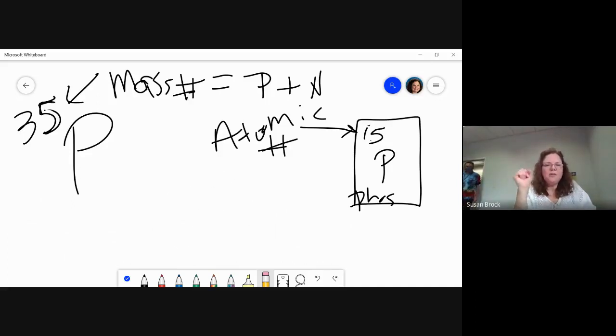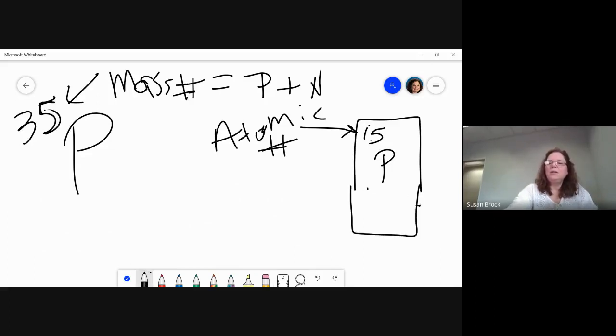Now, on the periodic table, there's also another number. Let me make this 42. That other number is always a decimal. Now, the mistake some people made on the test is that they thought this is the mass number.